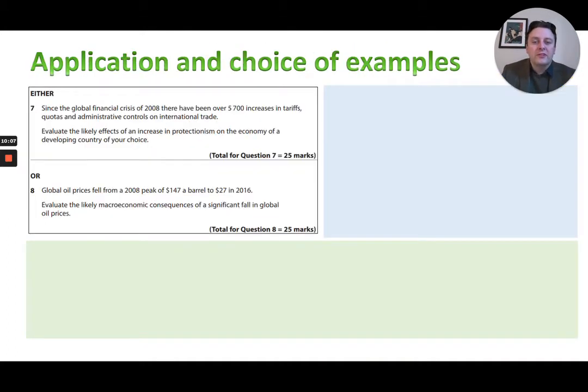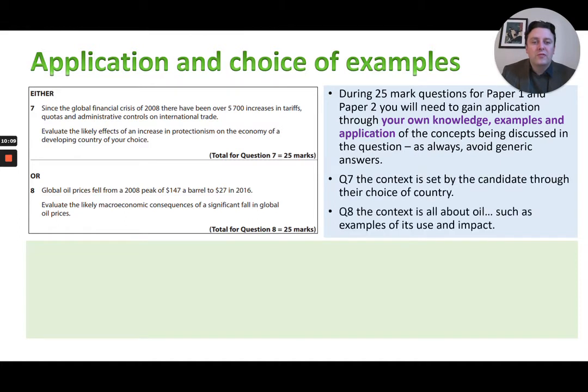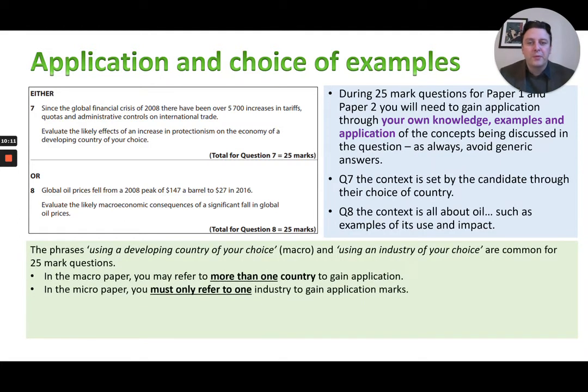so we'll have a look at two very popular past paper questions. During the 25 mark question for paper 1 and paper 2, you need, as I said, your own knowledge, examples and application of the concepts, and no generic answers.